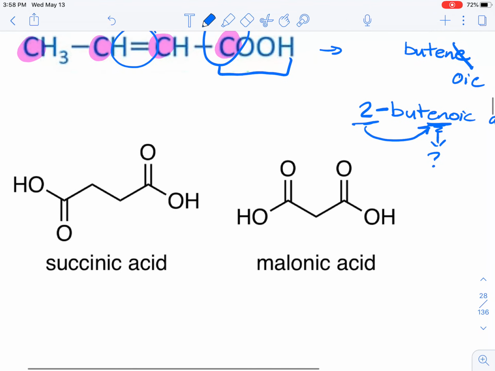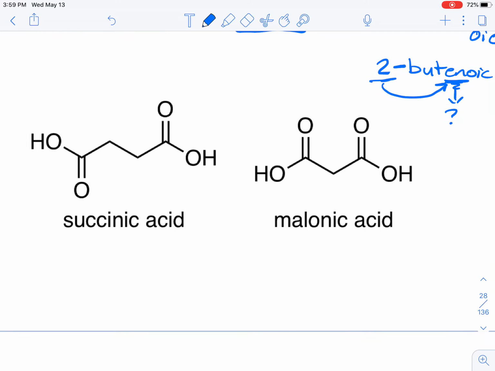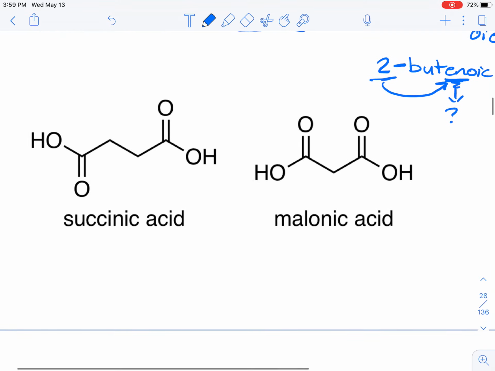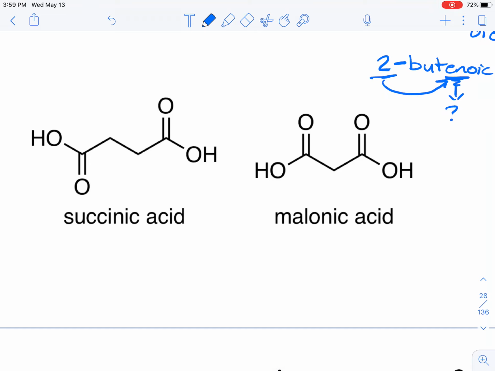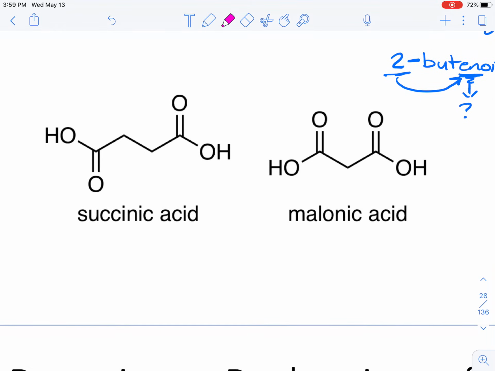So looking at our last two examples here for naming carboxylic acids, we have succinic acid and malonic acid. Succinic acid and malonic acid are just common names. If you wanted to name these compounds using the IUPAC nomenclature, our first step is to find the longest carbon chain that contains our carboxylic acid.